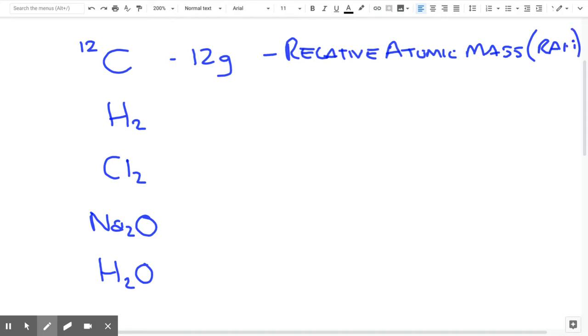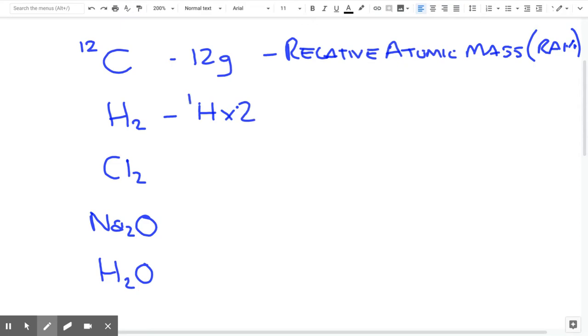Now if we go on to the next one, we're going to look at hydrogen, and this is where, as I said before, formulae of compounds becomes of paramount importance, so the formulae have to be correct. Hydrogen is made up of 2 hydrogen atoms within the molecule. The mass number of hydrogen is 1.